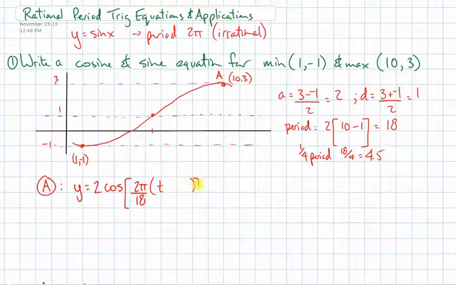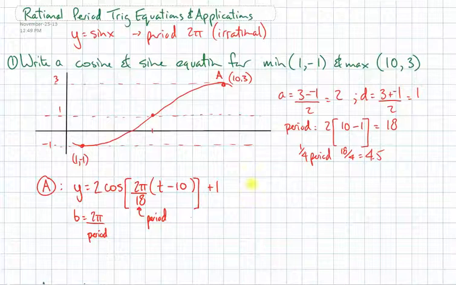And the max value is normally located on the y-axis, and it's been translated 10 units to the right, so it's a phase shift of 10 to the right. There's my vertical displacement. Now, this is the period when the b value has 2 pi in the numerator. Remember that b is 2 pi over the period, or period is 2 pi over the b value.